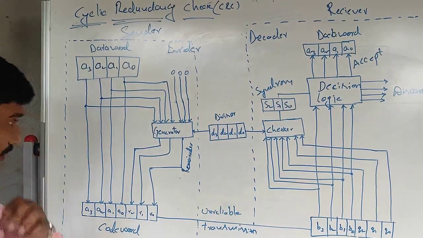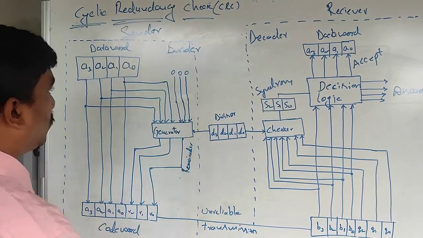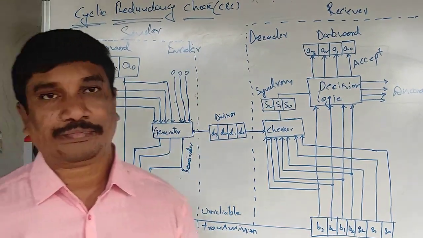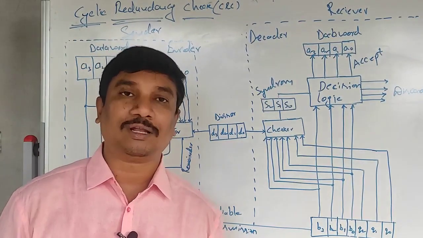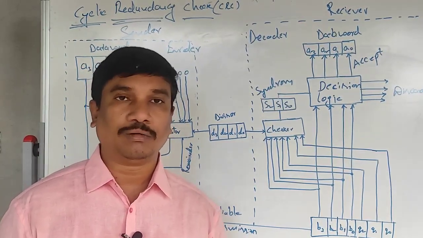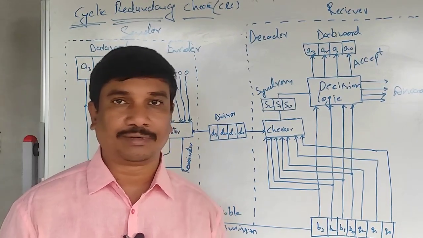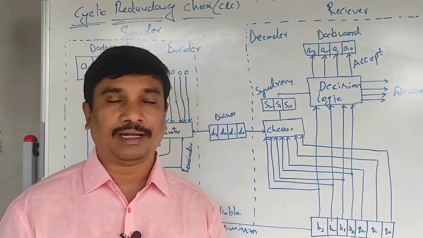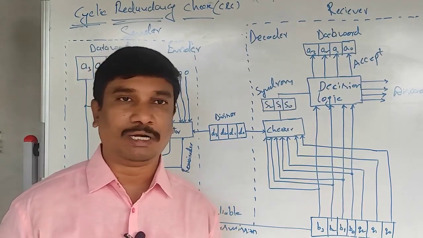Coming to the encoder, what is the use of an encoder? You learn encoder and decoder in digital logic design. It can encode the messages, similar to the multiplex and demultiplex mechanism.